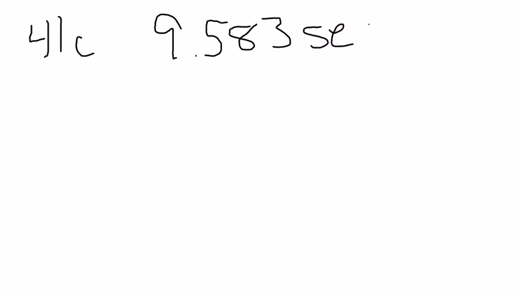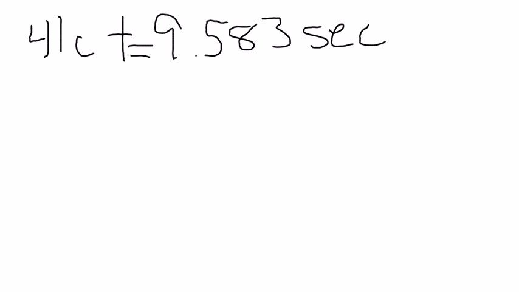Okay. C asks us the velocity of the stone when it hits, like the instantaneous velocity when it hits the ground. So that would just mean that since the stone hits the ground at 9.583 seconds, we just need our velocity at 9.583 seconds.